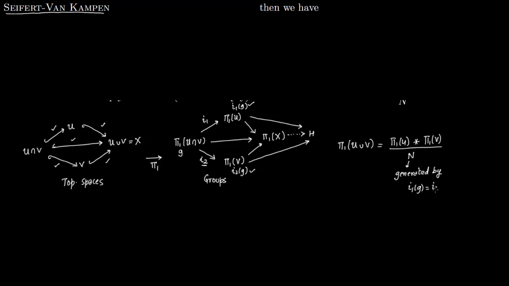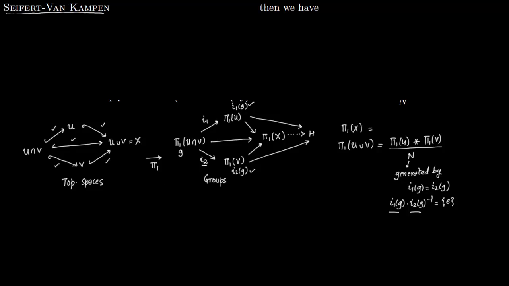I1g equals I2g. Because some g will get mapped here to I1g and then I2g here, so you have this equality, and generally this is written as I1g times I2g inverse is equal to identity. So you make sure that if something like this comes in your words, you set it equal to identity, and this is a normal subgroup. So this is equal to pi1 of X, and this is precisely what we call the amalgamated product.